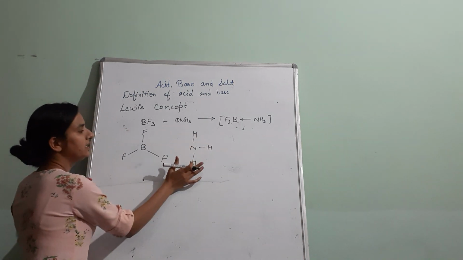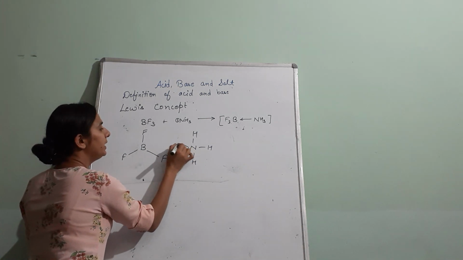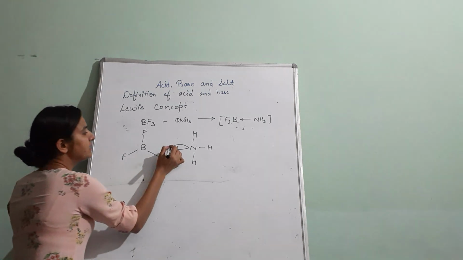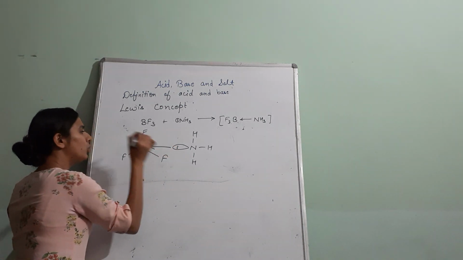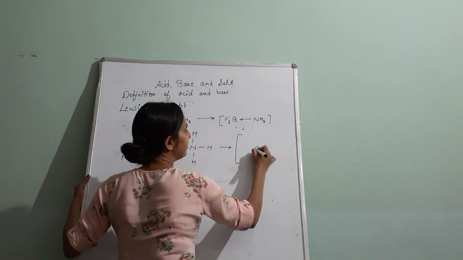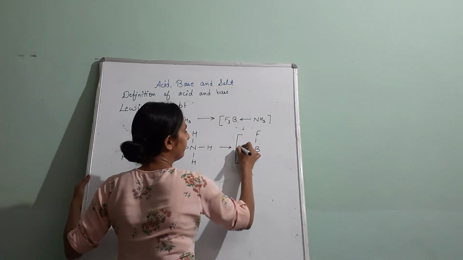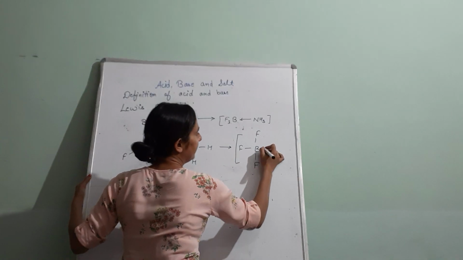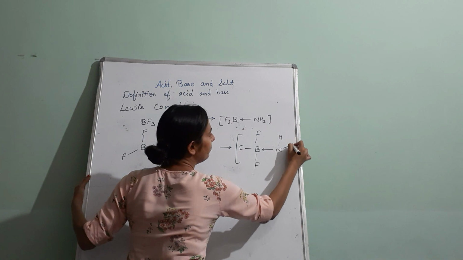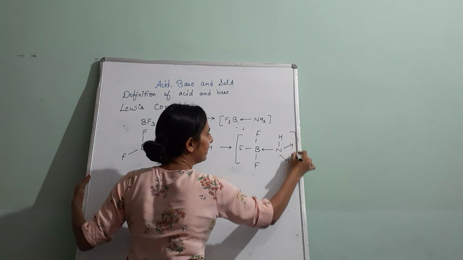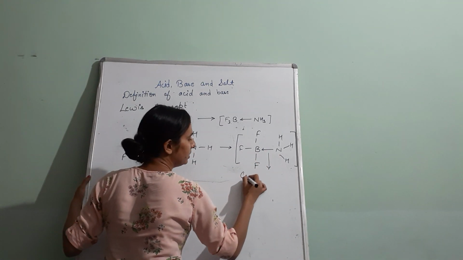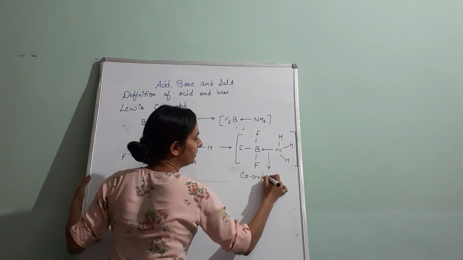NH3 has 6 electrons in bonded form and 2 electrons in the form of a lone pair. Now this lone pair forms a coordinate bond with boron and forms an adduct. Ammonia shares its lone pair of electrons with boron, forming a coordinate bond.